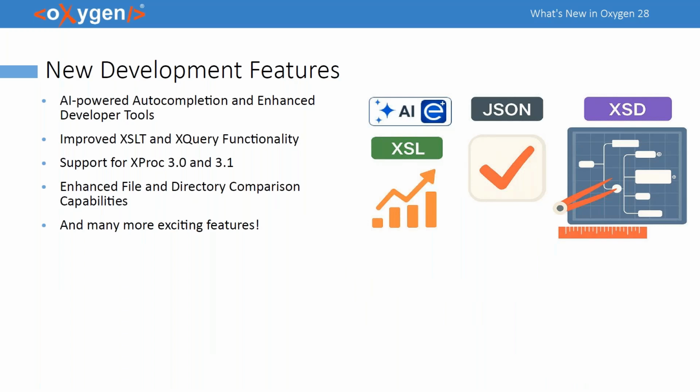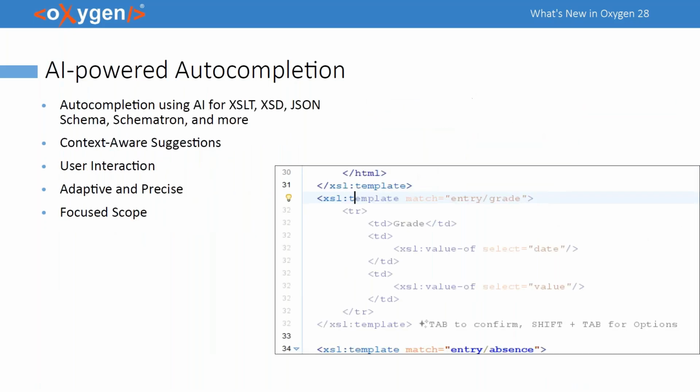Then we have also on XSLT and XQuery some new functionalities, support for XProc 3.1 and 3.0, also enhancements on comparison and file and directory comparison, and also other exciting features that we added. I'll present some of them because we do not have time for all of them, but I think the most important. So we'll start with the AI support that we added for development.